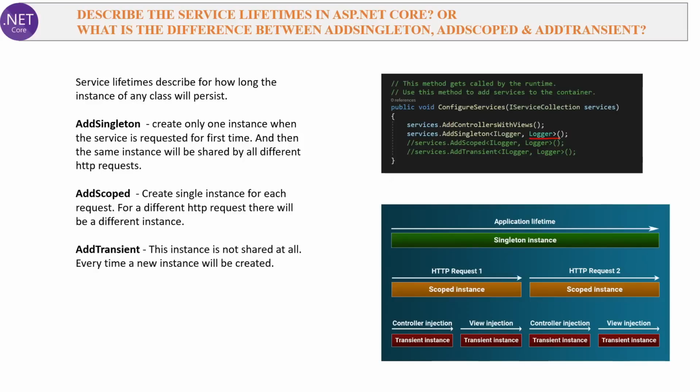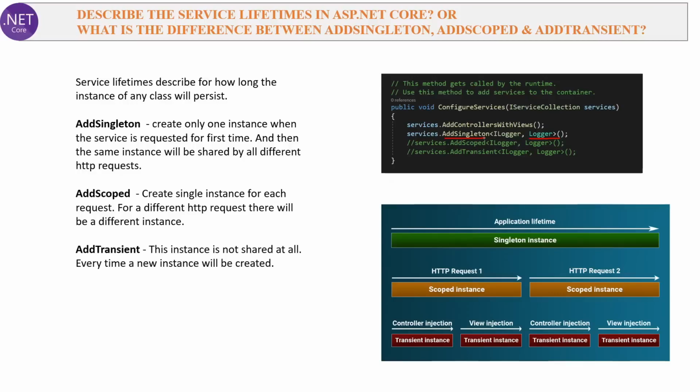But for any subsequent request, you will not want to open the text file again. Rather, you just want to use the same opened file and just append the new error. This will improve the performance. It will avoid reopening the text file again and again. So here you can use AddSingleton.